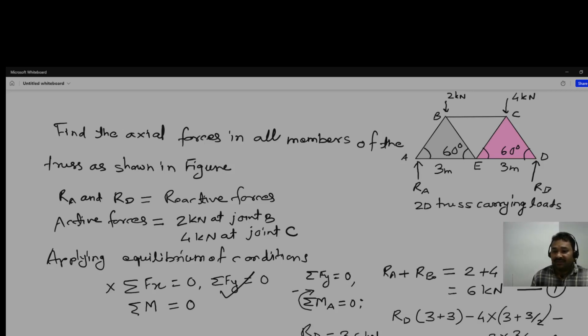Okay, so from the first equation, if RD is equal to 3.5, then obviously RA is equal to 6 minus 3.5 is equal to 2.5 kilonewton.